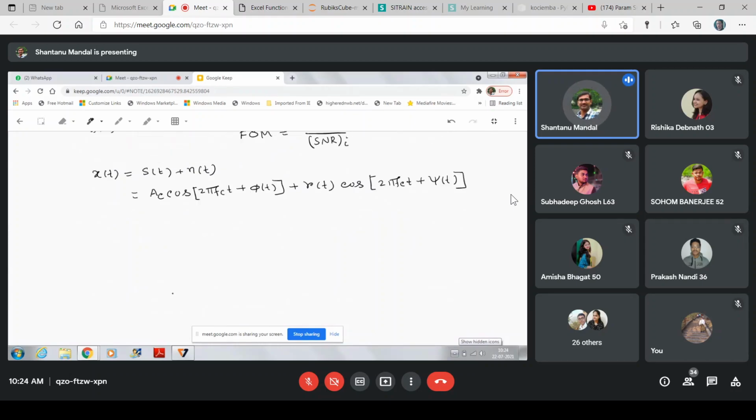If we draw the phasor diagram, we can see that first there is Ac, and this is equal to r(t), and this is the resultant signal x(t).